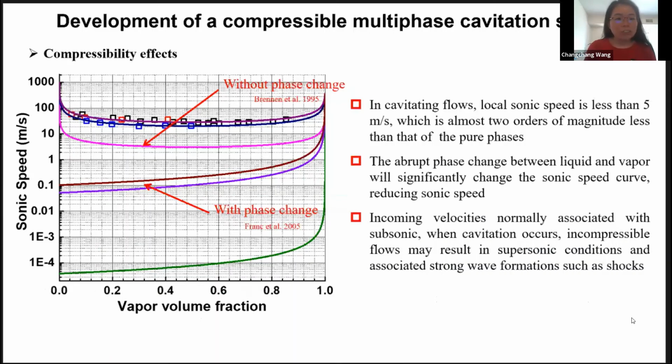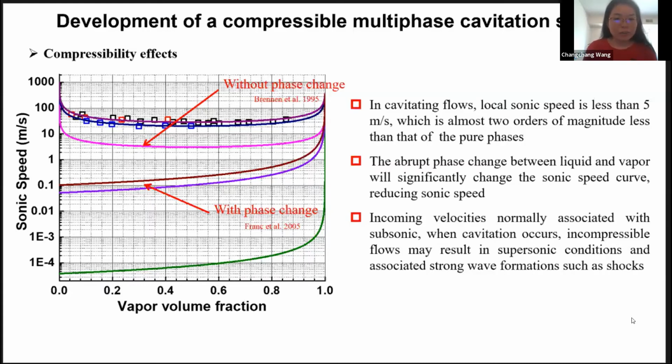And so, what's the compressibility effect in cavitating flows? In cavitating flows, the local sonic speed is less than 5 meters per second, which is almost 2 orders of magnitude less than that of the pure phases. Furthermore, the abrupt phase change between the liquid and the vapor will significantly change the sonic speed curve, reducing the sonic speed.